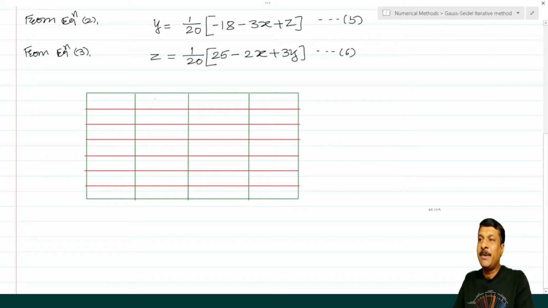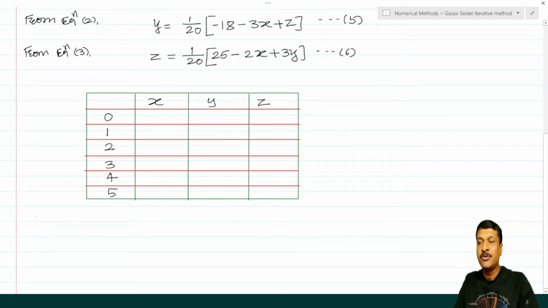In this table, the values of x, y, z at the first position are initial, and after calculations we will get the next positions 1, 2, 3, 4, 5. Normally you take 4 to 5, but in some examples we require 8 to 9 iterations also. So what is the meaning of position, I will explain.